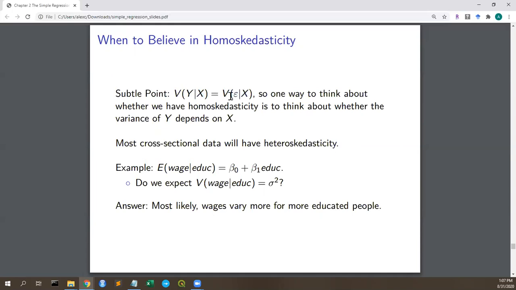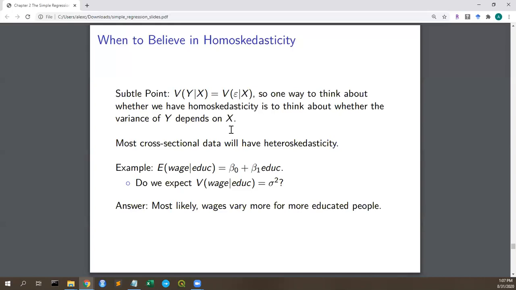So a way to decide, do I have heteroscedasticity in my model, or homoscedasticity rather, either one? Does the variance of y depend on x? In other words, if I'm looking at housing prices and I'm looking at square footages, is the variance in the sale price given square footage increasing or decreasing?